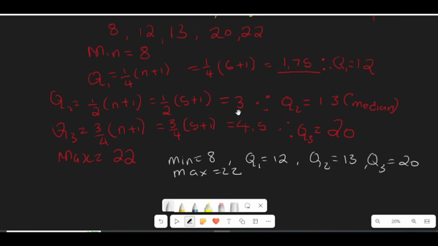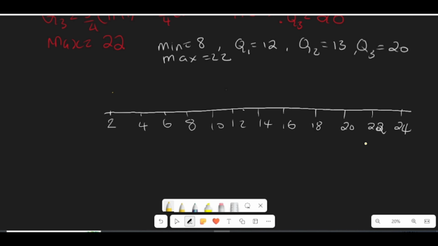Okay, great stuff. What is the minimum value? Minimum value, it's right there. Q1 is 12, 12 is sitting right here, and therefore 13 is Q2, and Q3 is 20.